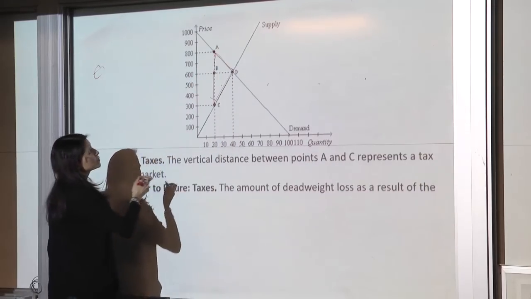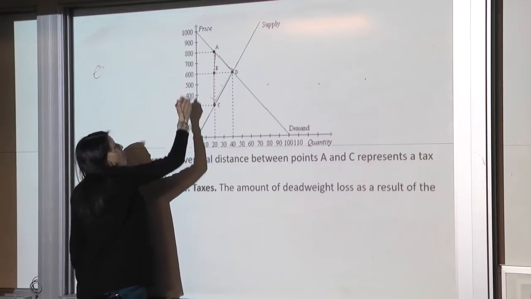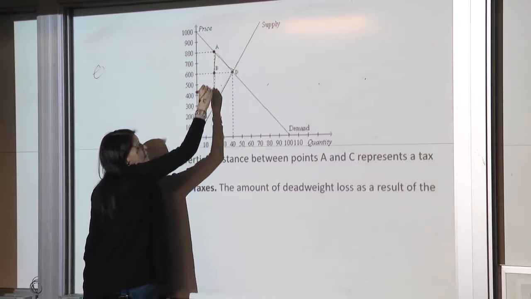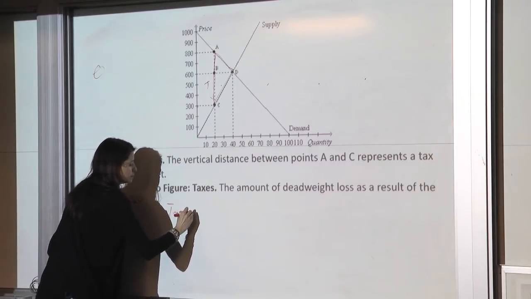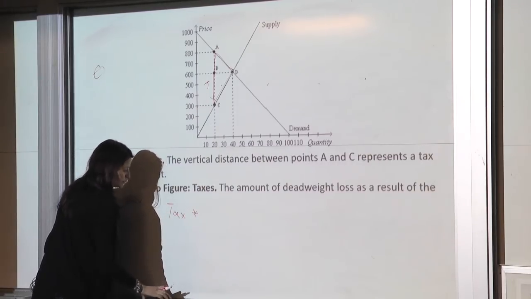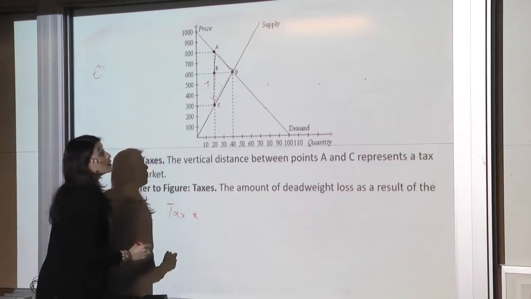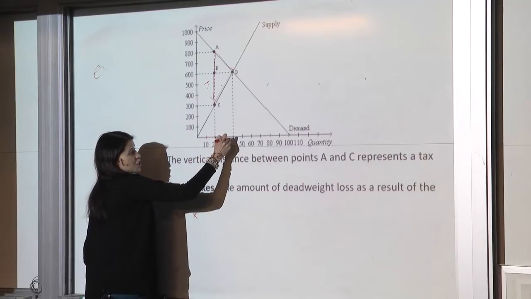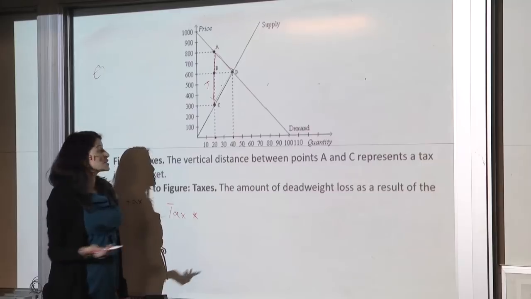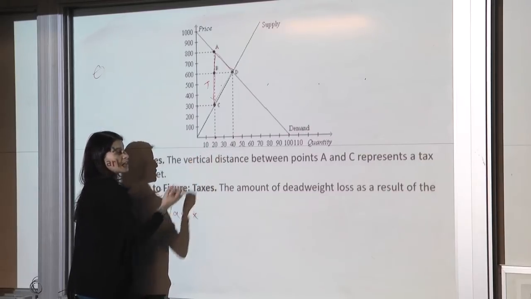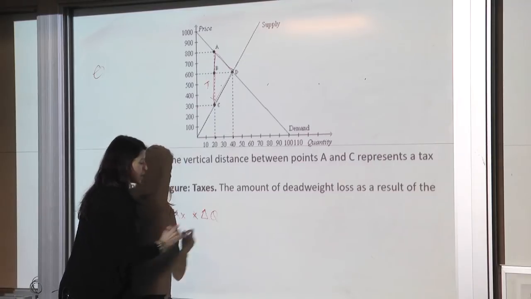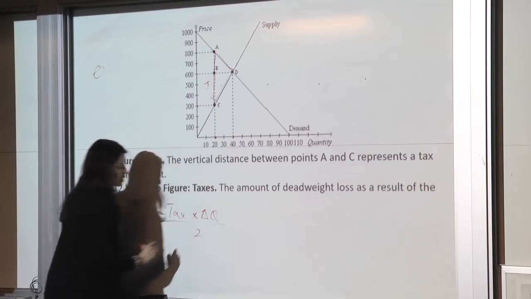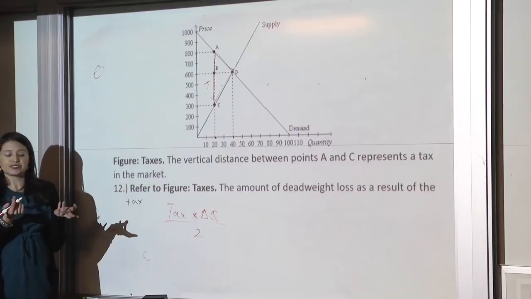So that is 800 minus 300, which is the amount of the tax, times the change in quantities given the tax, which is the difference between 40 and 20, which is 20, divided by 2, because that is the formula for the area of a triangle.